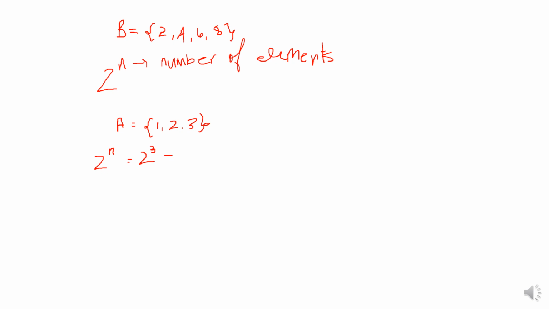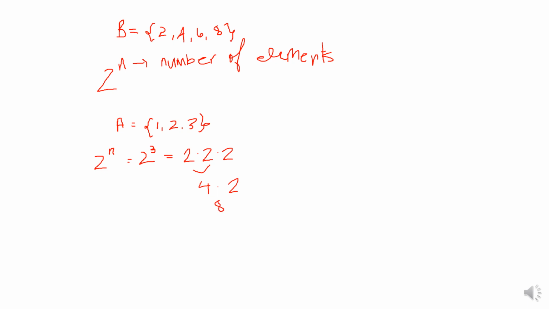So 2 raised to 3 means you are going to multiply 2 by itself 3 times. So 2 times 2 times 2. 2 times 2 is 4. And 4 times 2 is 8.